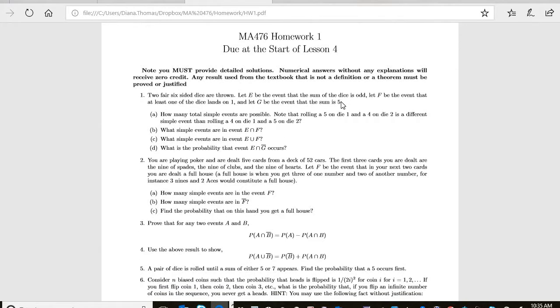So they say prove for any two events A and B that the probability of this holds, right?